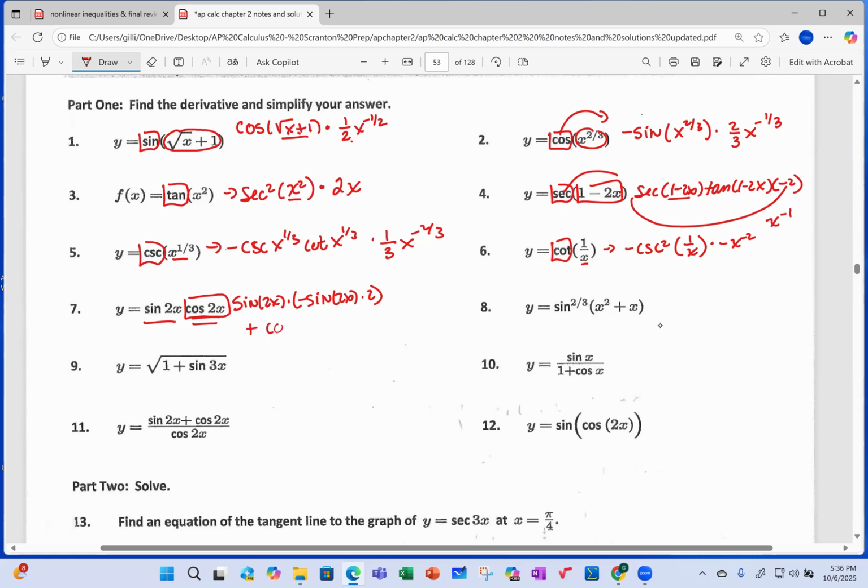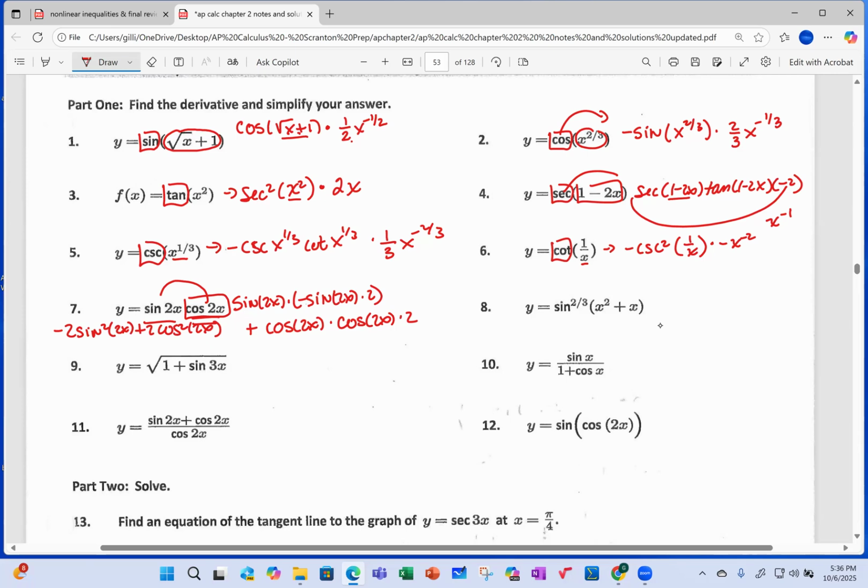Plus the second, which is cosine of 2x, times the derivative of the first, which is cosine of 2x times 2. And that does clean up a little bit. So I'm going to clean that up to be -2 sine squared of 2x plus 2 cosine squared of 2x. And that actually cleans up to be a trig identity.